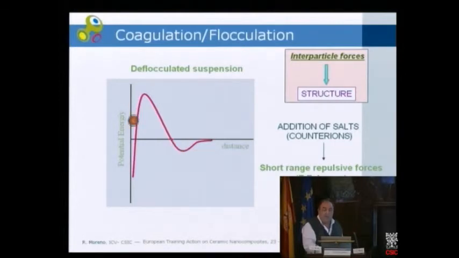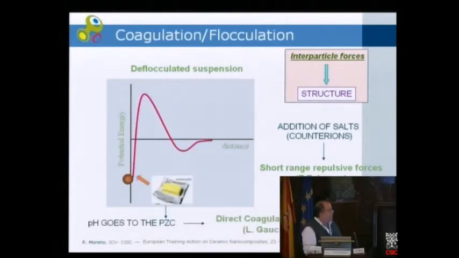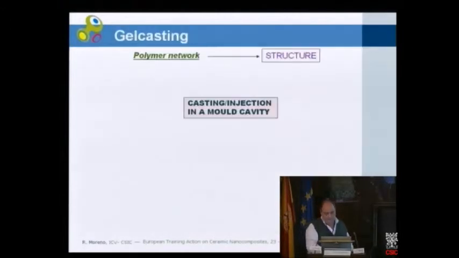Another case is if we go to the primary minimum, in which we have very large viscosity, the pH goes to the point of zero charge, and we have complete coagulation. In this case, we have direct coagulation casting developed by Gelcasting.